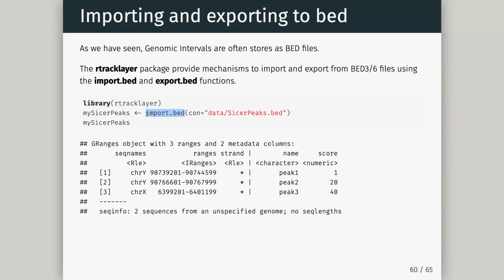To be fair, I think you can just use the import function and it will guess based on the extension. But here, if we say .bed and import.bed, we're going to get a GRanges, and it finds the seqnames, the ranges, the strand. And if this was BED6, it's going to put the name there and the score there. If you didn't have a name or you didn't have a score, it will put a star again there, star again there.